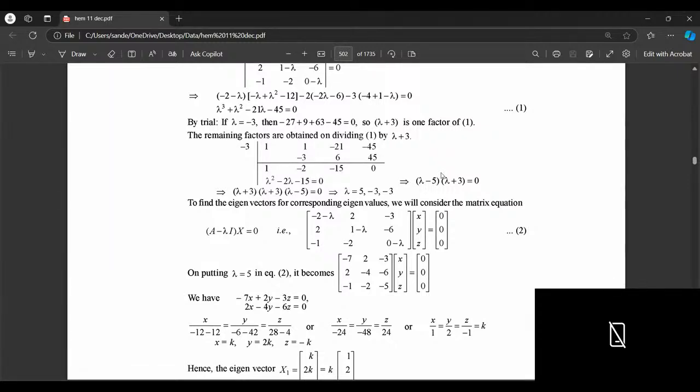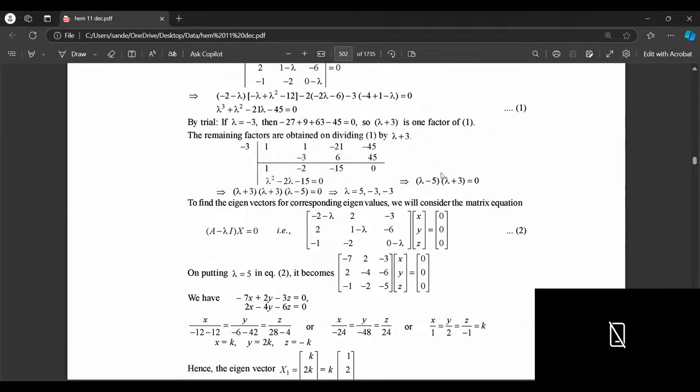If only two are different equations, you can take those two different equations. Here the first two equations we choose: minus 7x plus 2y minus 3z equal to 0.